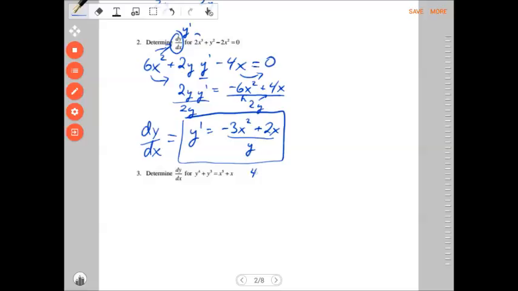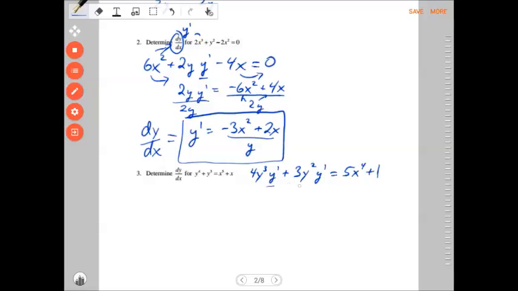So this is 4y cubed y prime plus 3y squared y prime equals 5x to the 4th plus 1. Now this is just an exercise in factoring.